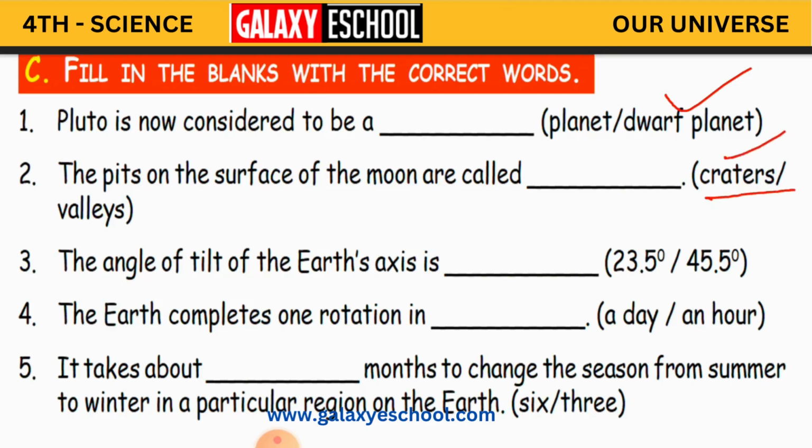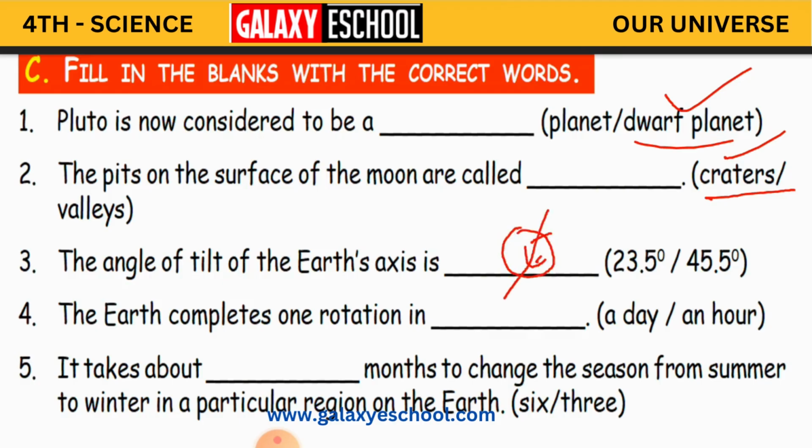Okay, good. Now, the third one: the angle of tilt of the earth's axis is. We have learnt that the earth's axis is in a tilted position.